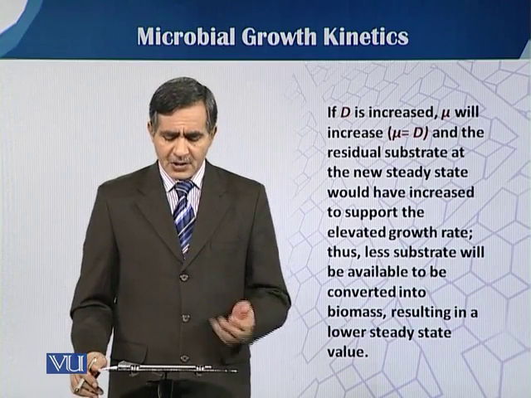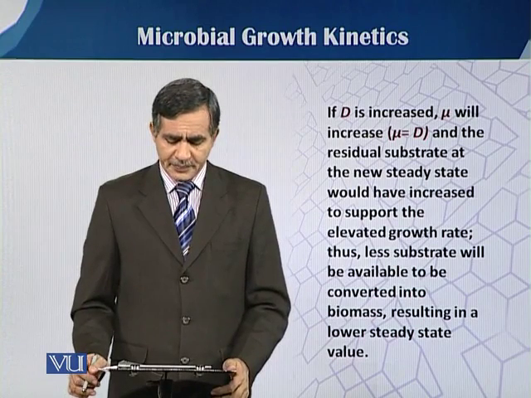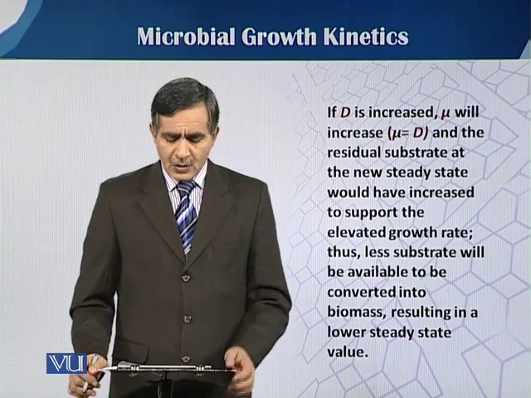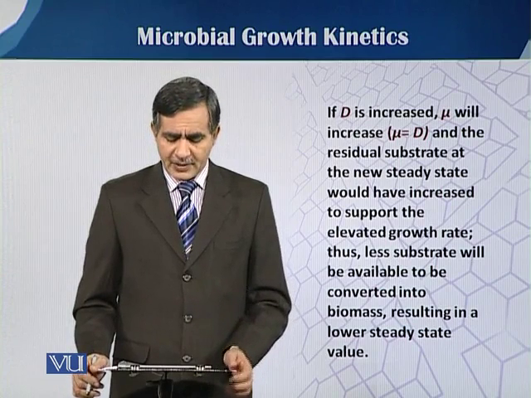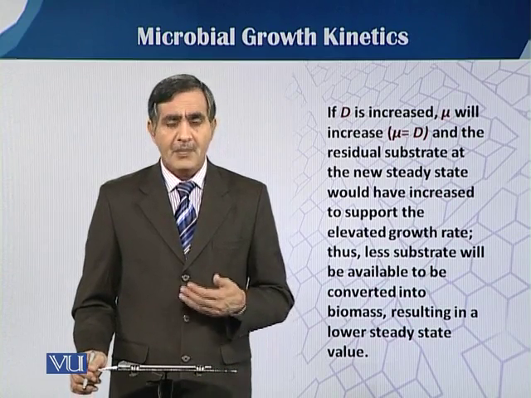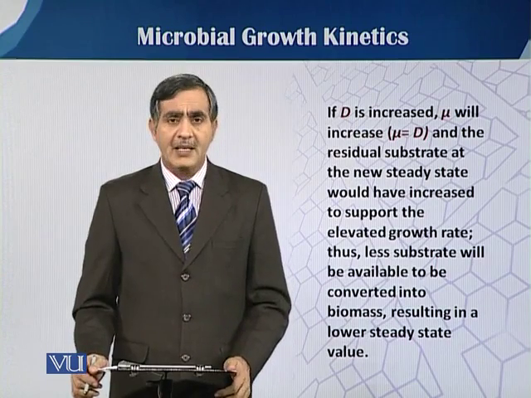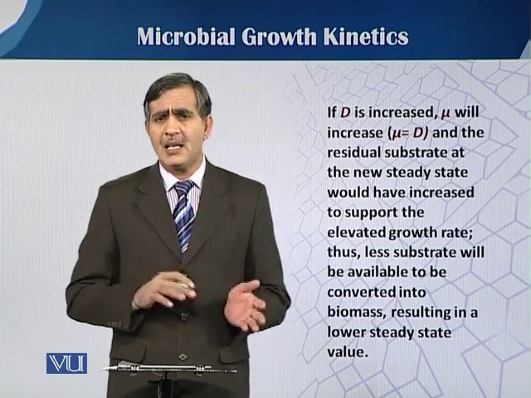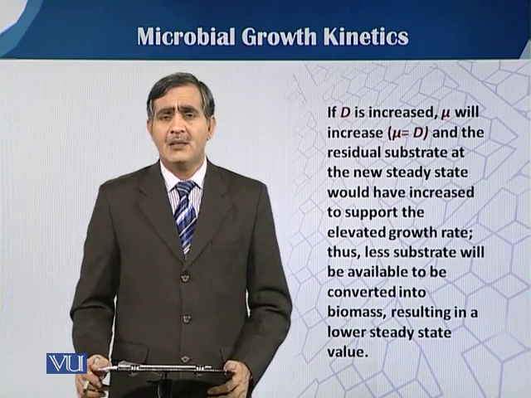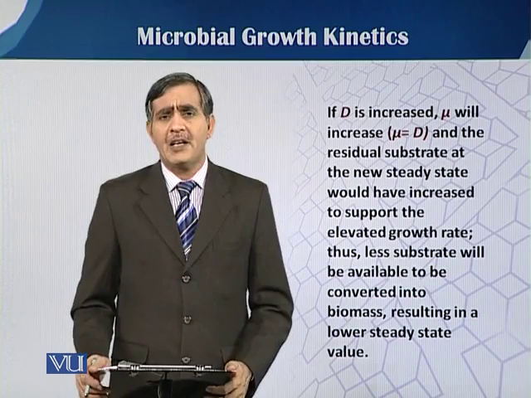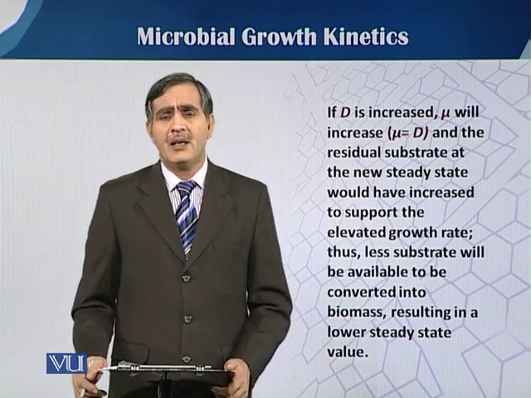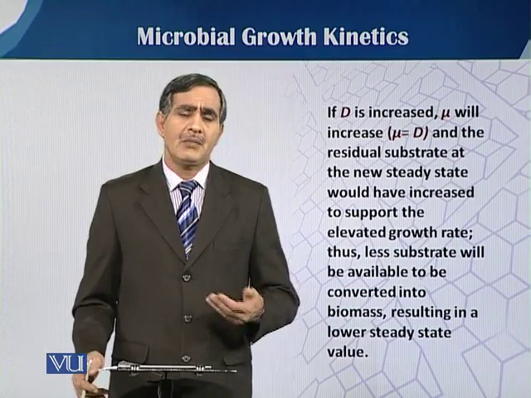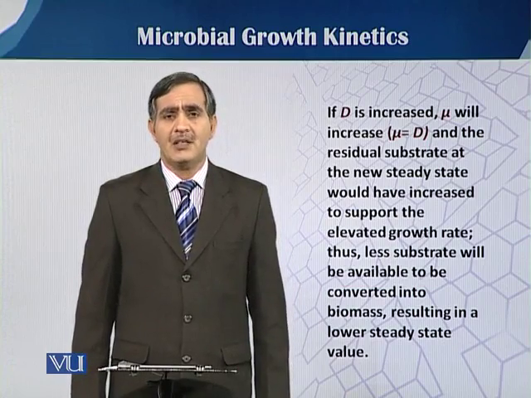The residual substrate at the new steady state would have increased to support the elevated growth rate, thus resulting in a lower steady state biomass. So when the steady state is re-established, it is totally dependent upon the dilution rate, which can be controlled through the mechanical parameters in continuous culture.